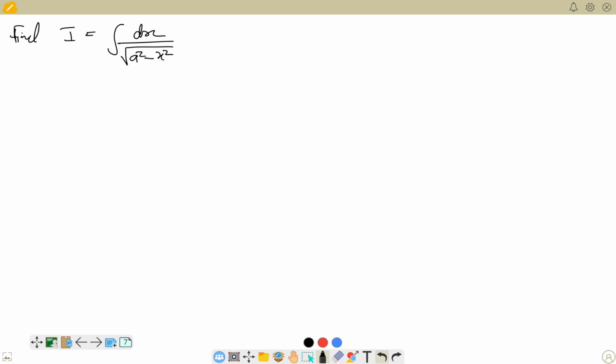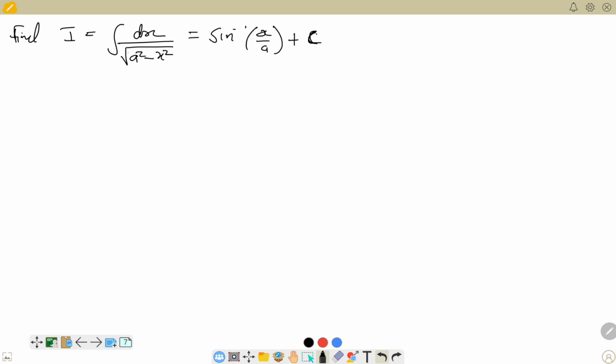When it's like this, you already know what this is equal to. If you go and check, the guide is that you must look at your formula sheet.